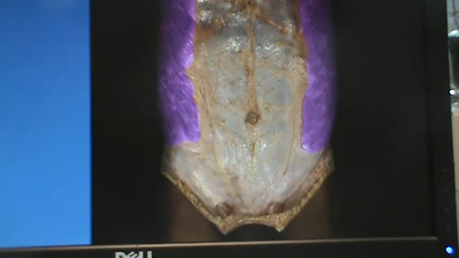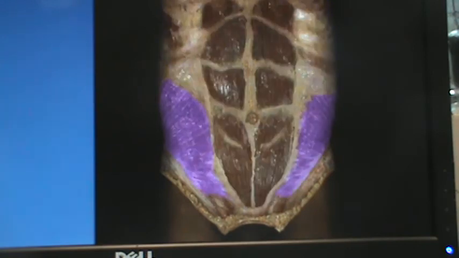What would be the action? It compresses the abdominal wall, as well as other stuff like flexing and rotating the vertebrae. But remember, it compresses the abdominal wall. Okay, let's go on to the next one.